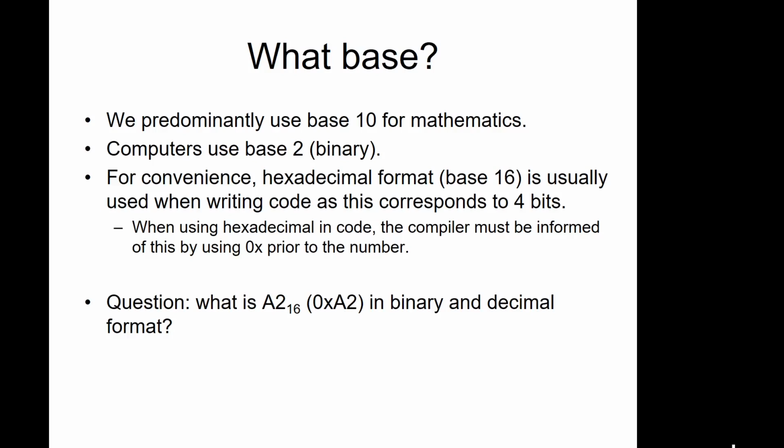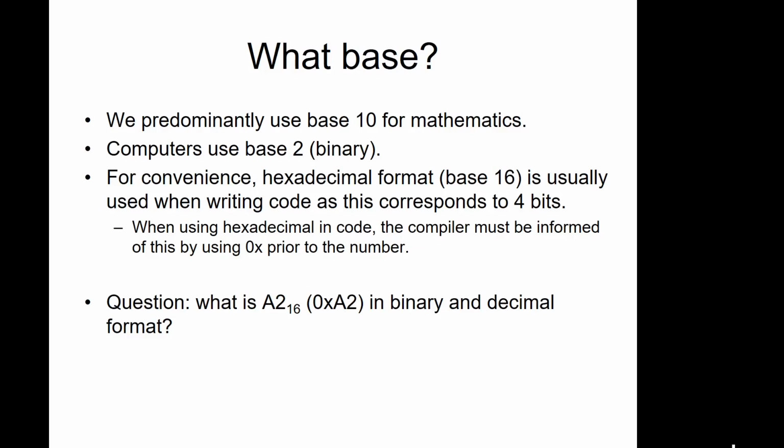I mentioned that last slide was in hexadecimal, so that is base 16. Computers work in base 2, which is binary, which is 0 or 1, and we tend to work in base 10. So we count 0 to 9, and then the next place is 10. So we're used to base 10.